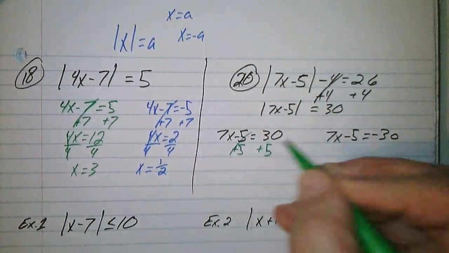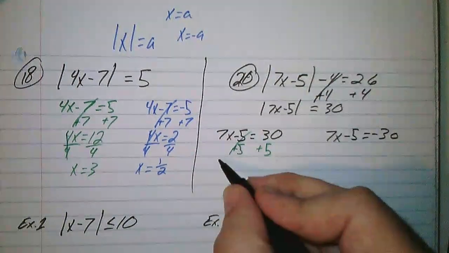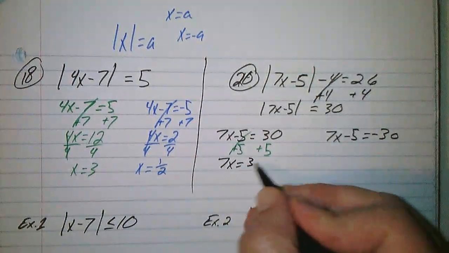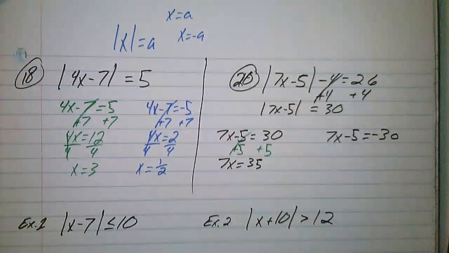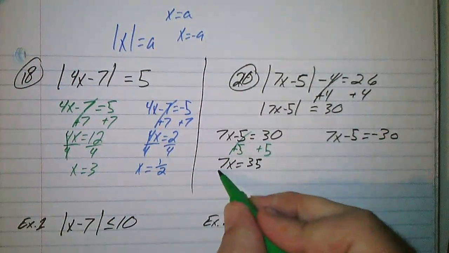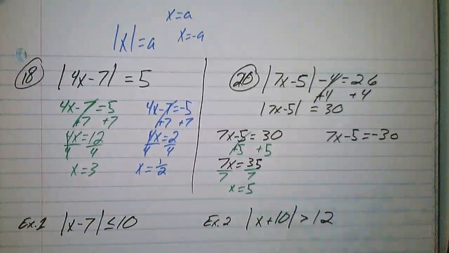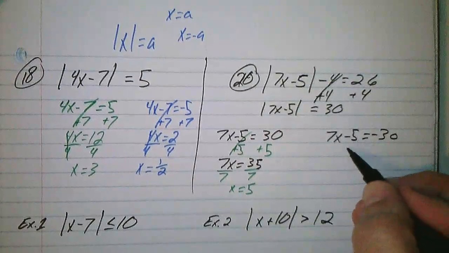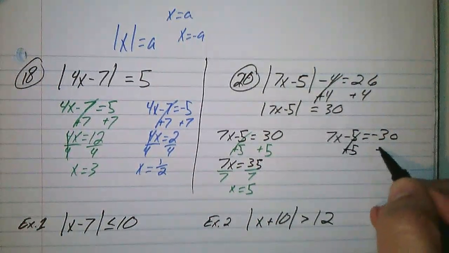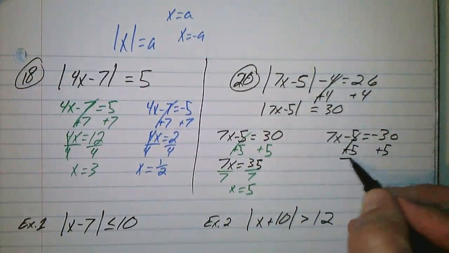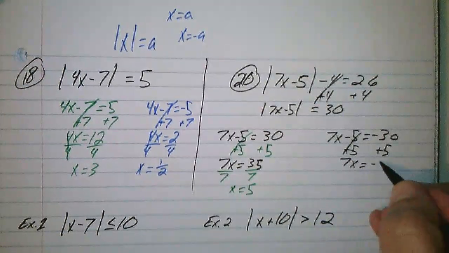Add 5 to both sides, so that's 7x equals 35, and divide by 7. So we get x equals 5. Over here, we'll get a fraction as we add 5 to both sides to get 7x equals negative 25.